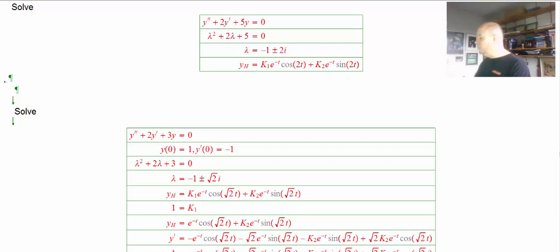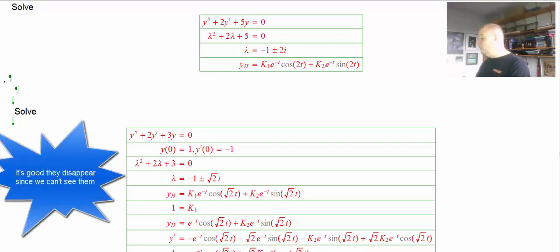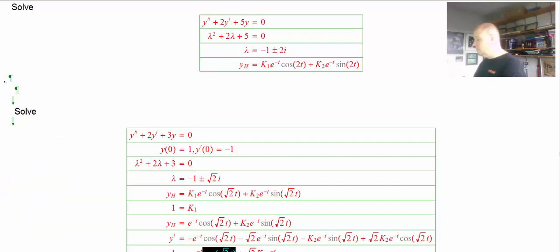When I sub in t equal to 0, sine of 0 is 0, so this piece and this piece disappear. Cos of 0 is 1. E to the 0 is 1. So it looks like k2 is equal to 0.